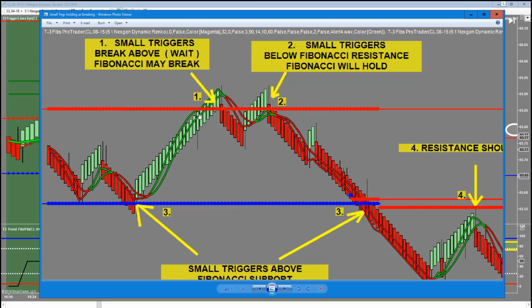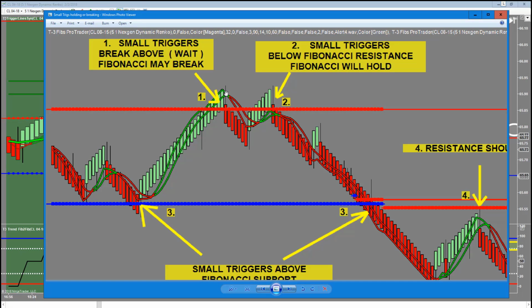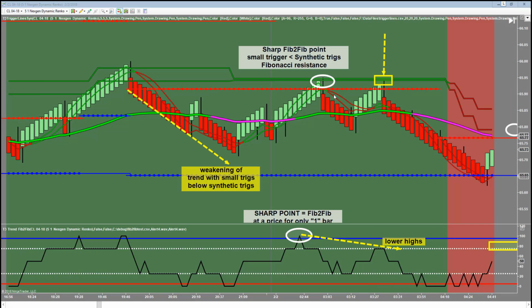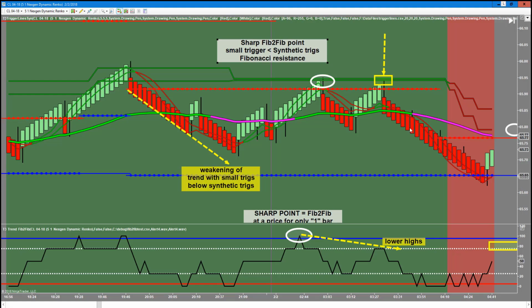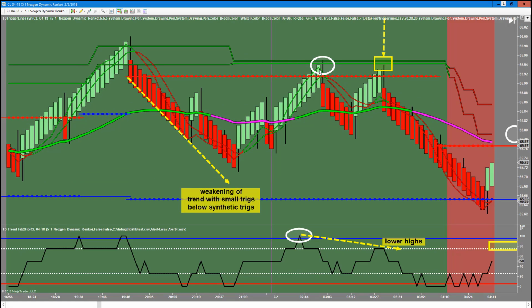You'll see strong triggers breaking, or strong triggers into resistance, and then after the triggers get back down below, the resistance works. You can kind of see that process over here. Strong small triggers into resistance the first time.